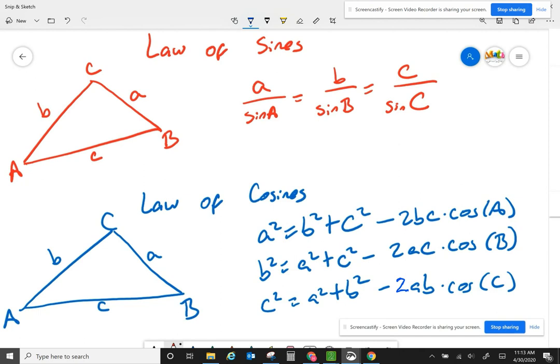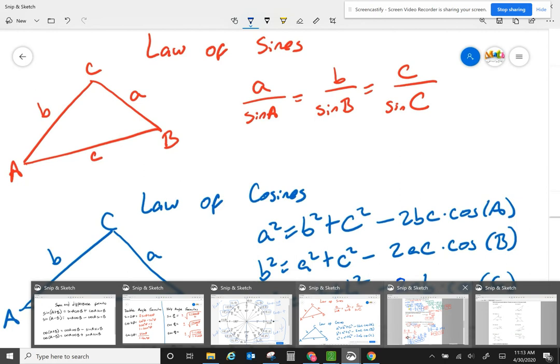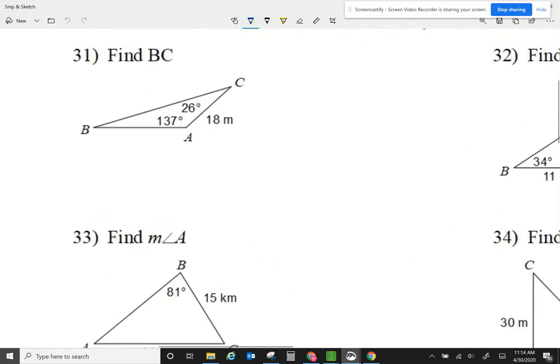When I have two of the same letter, like I have side A and angle A, or side B and angle B, or side C and angle C. When I have two of the same letter, I'm going to use the law of sines. When I don't, I'm going to use the law of cosines. So let's take a look.